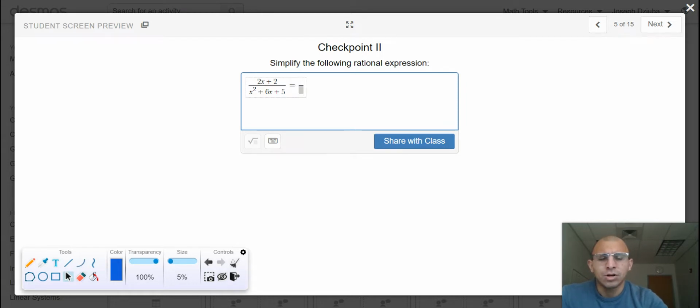So in our numerator, the expression 2x plus 2 has a common factor of 2 in both terms. I can factor out a 2, and the corresponding expression would become x plus 1. Now the denominator is a little trickier. You have to rely much more on your intuition here than on a pre-programmed set of responsibilities.